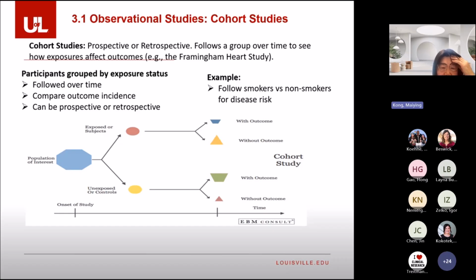If we talk about the prospective, we follow over time and compare outcomes. For this cohort study, we can also look at the patients who are treated, and then find the matched control, so we compare the treatment effect. So we can also use the idea of quasi-experimental design with the data collected in a cohort study to do some causal inference.